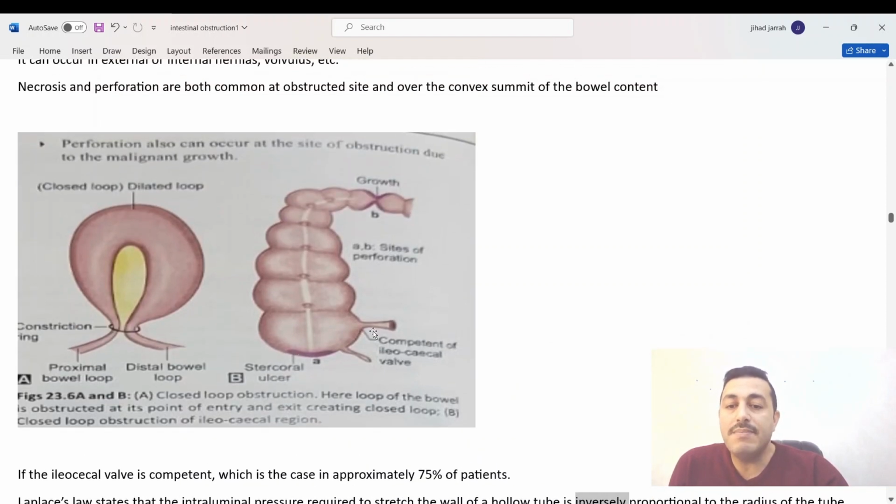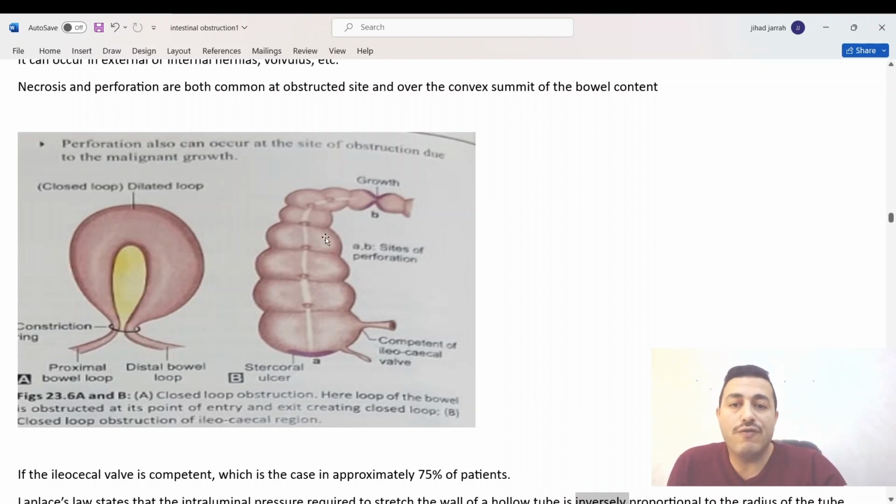We have the cecum with the largest diameter, so it needs minimal pressure to increase the tension on the wall. So perforation, mainly in closed loop, happens in two main parts.